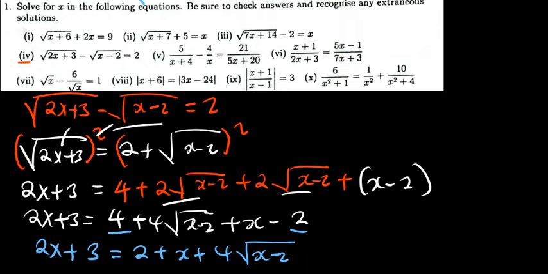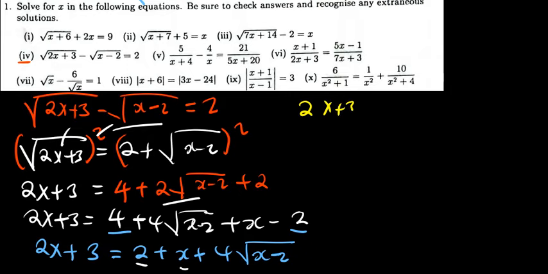so now since I don't have space this side, I'm going to continue it from here. From this point I can now shift this and that to the left hand side because it doesn't have the square root. So I'll say 2x plus 3, shift 2, it will be minus 2, shift x to be minus x, will be equal to 4 the root of x minus 2, like that.